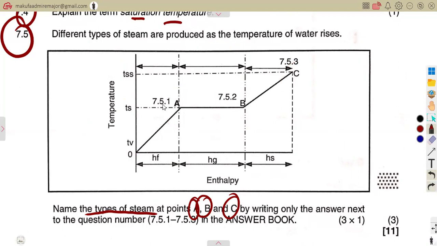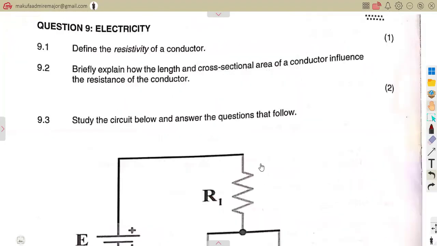Remember, at A, this is wet steam. The steam is still wet. At B, we are now talking of the dry steam. And here we are talking of the superheated steam. That's it. So that was what you were given.